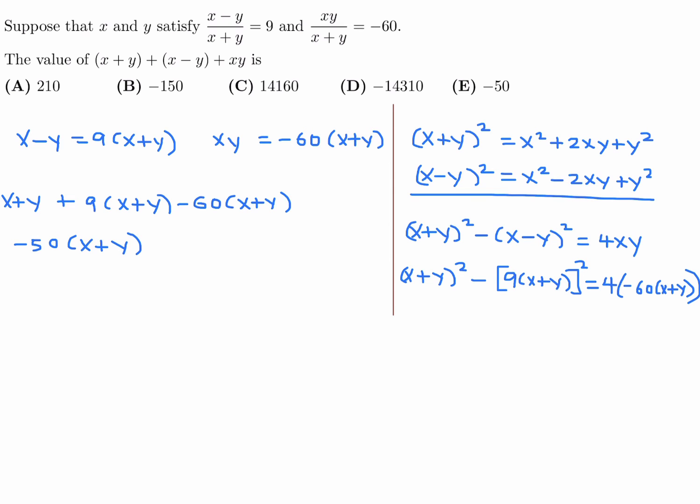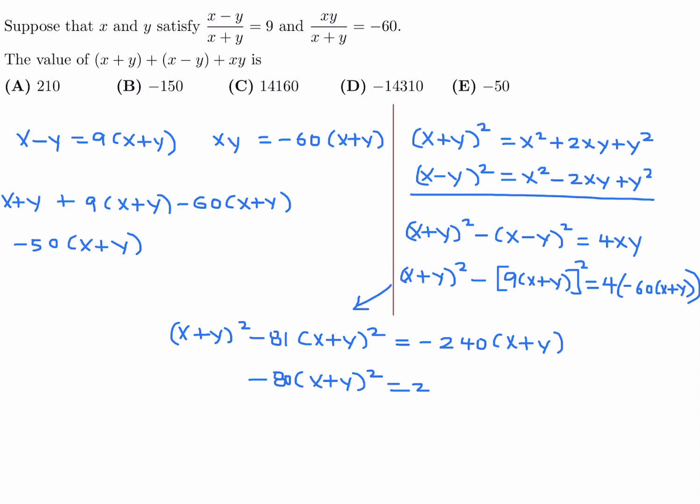Okay, so this becomes x plus y squared minus 81 times x plus y squared is equal to minus 240 times x plus y. This becomes minus 80 times x plus y squared equals minus 240 times x plus y.